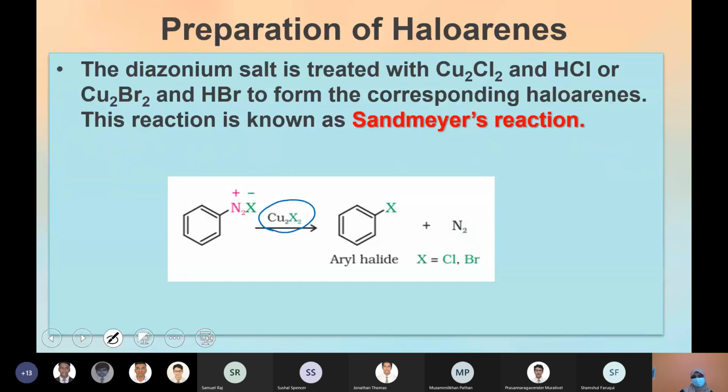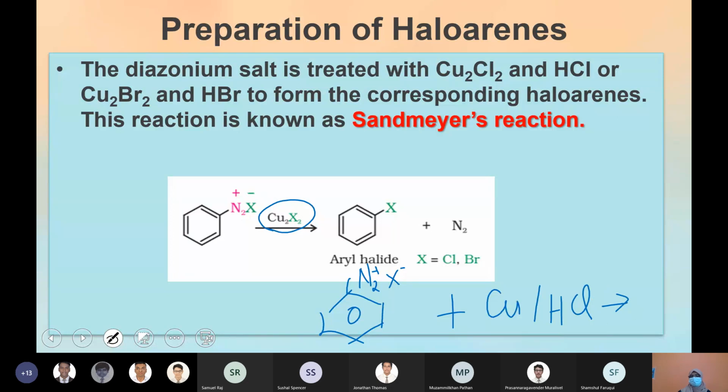Instead of that, for the same diazonium halide N2+ X- in the second step, if you are using copper in presence of HCl, you will get the same product. The only difference is in the usage of copper. In Sandmeyer's reaction you use copper halide, but in Gattermann reaction you use copper metal in powder form. That is the only difference.